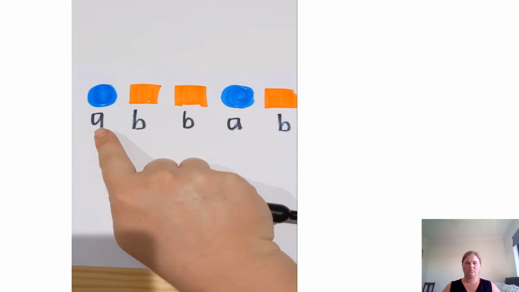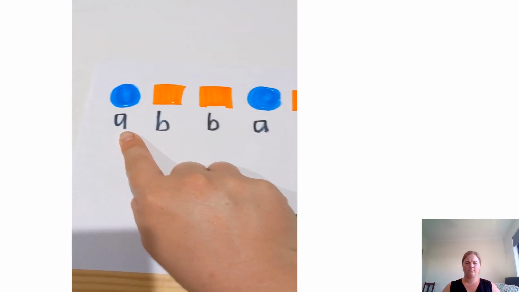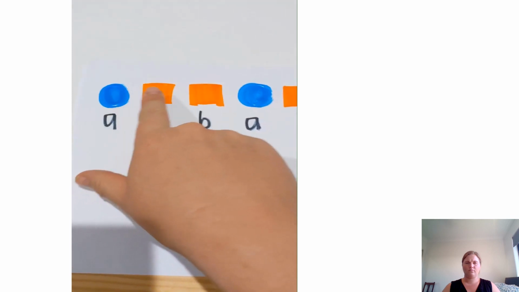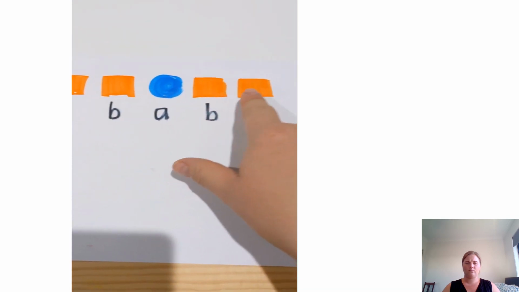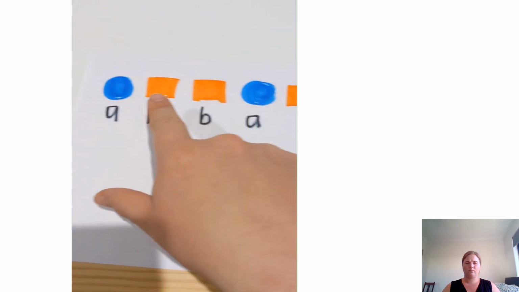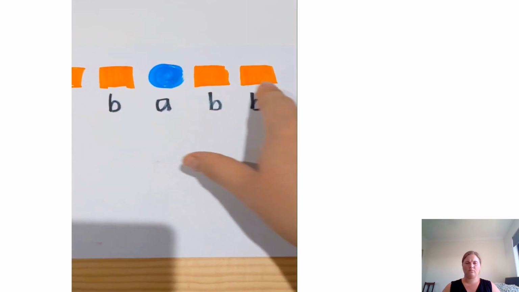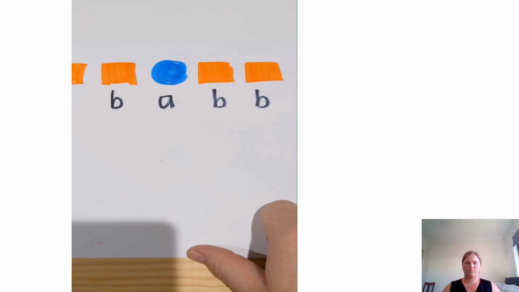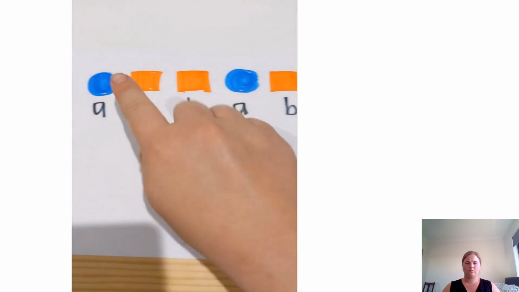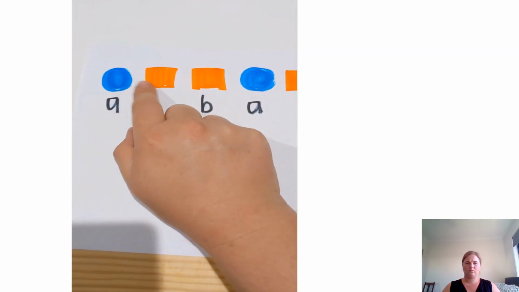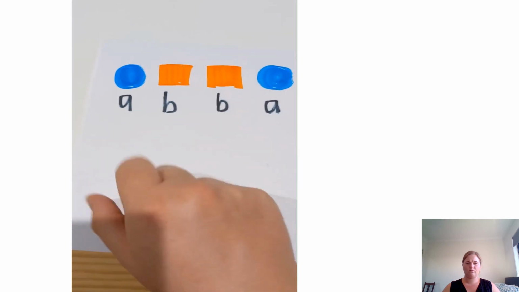Bs. So if I was explaining this pattern, I could explain this pattern as a circle, square, square, circle, square, square pattern. Or I could explain it as blue, orange, orange, blue, orange, orange. It's a changing pattern each time, or it's a repeating pattern as it's going, but it does change a little bit in there.